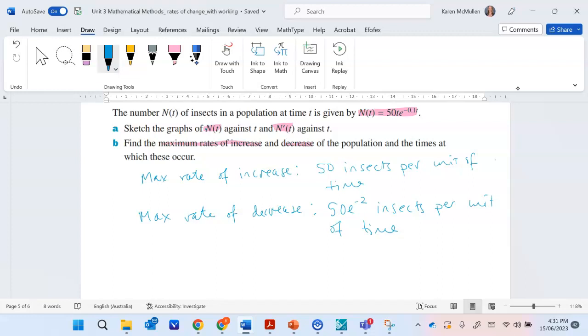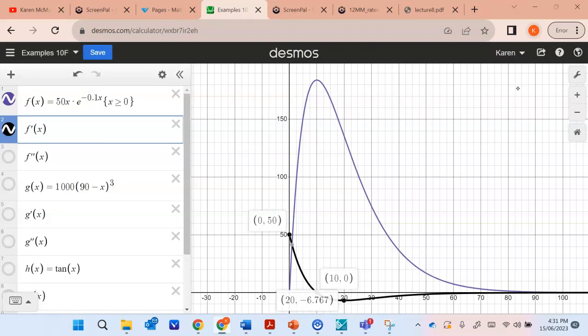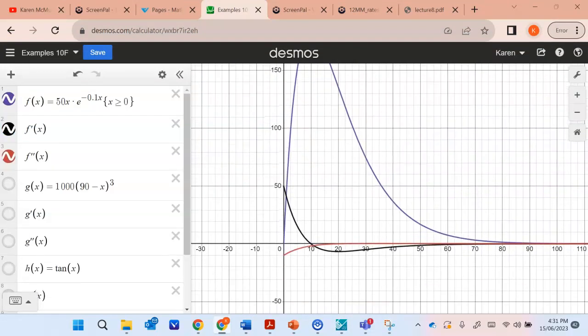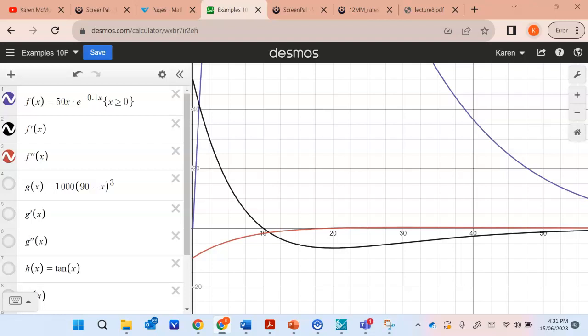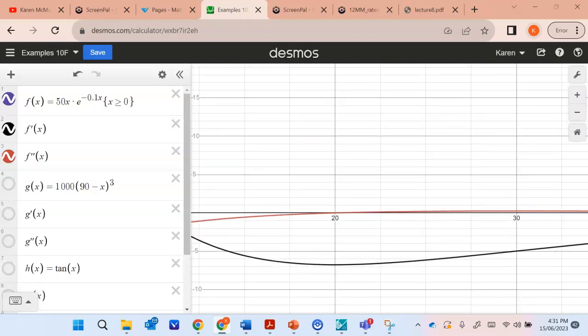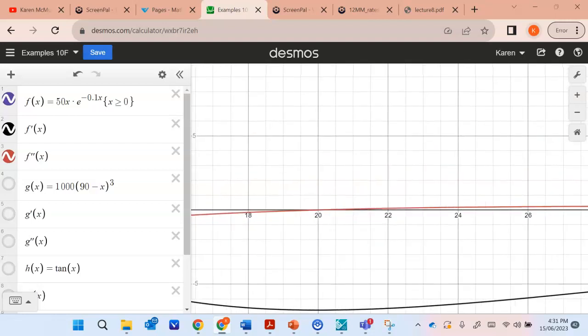Your second derivative, if you wanted to do that, let's go here so it's a bit easier to see. It's a bit hard to see, but it actually crosses the axis at t equals 20.